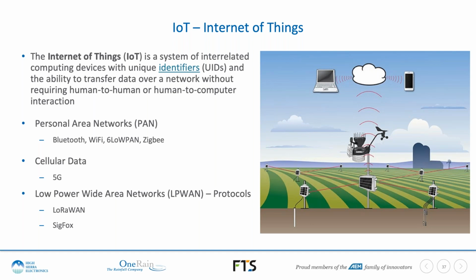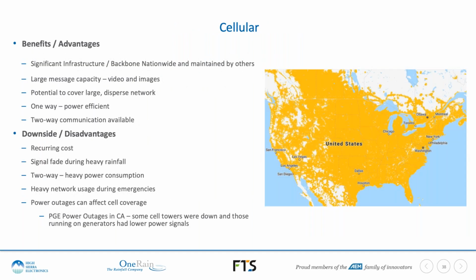So cellular, we're going to look at advantages and disadvantages here, like we have been with the other technologies, and one of them is kind of demonstrated by the map on the right. I believe this is a Verizon coverage map, and while not every inch of the country is covered, certainly the vast majority of it is, and some of the areas that aren't covered there are covered by other cell services.